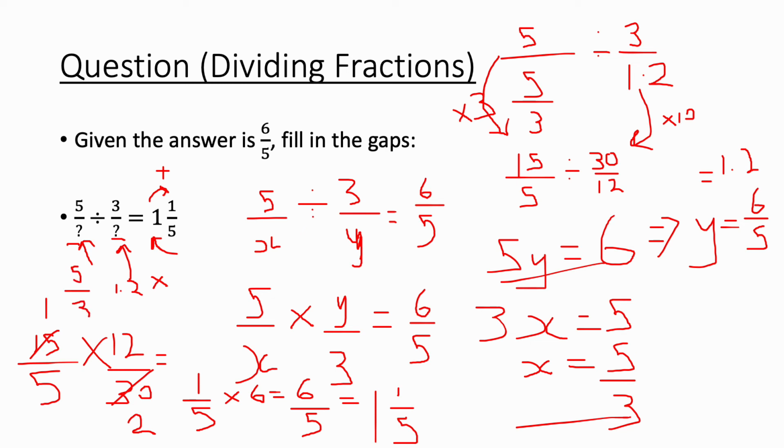Had it not been recurring, then I could have dealt with that in a slightly different way. But because it was recurring, I didn't have any choice but to leave it as a top-heavy fraction. Whereas this one, I got a terminating decimal, which gave me my answer.